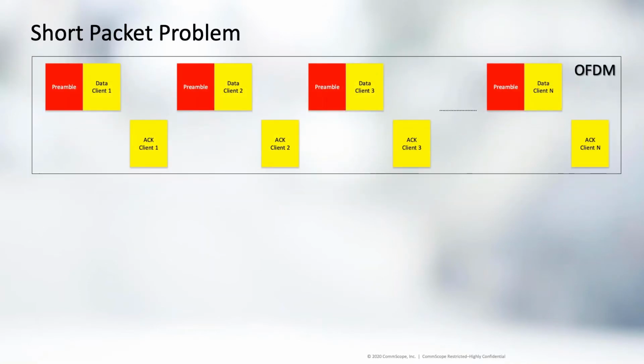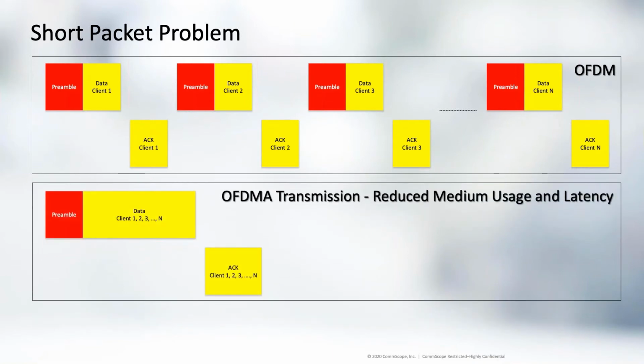One other thing about OFDMA and the benefit is we have a lot of short packets on our networks, right? Especially things like voice over Wi-Fi. Very small packets, but lots of them. In previous generations of Wi-Fi, each packet you had to send from each client had to go in a separate packet. So you sent a packet or a frame with a preamble and your data, and then it had to get acknowledged.